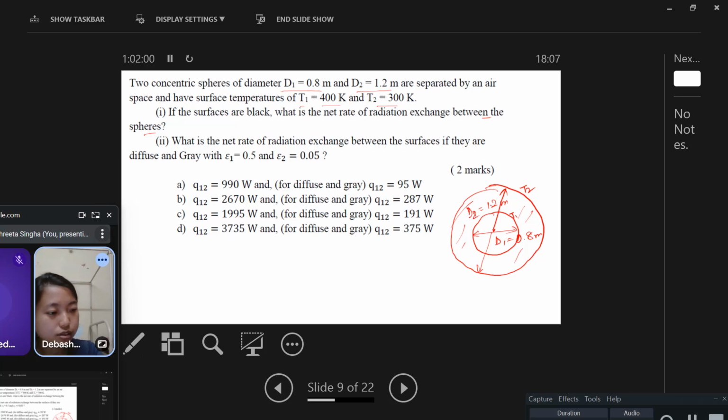So here the net radiation we can calculate the same way. This has almost the same formula as the previous one: 1 minus epsilon 1 divided by A1 epsilon 1, plus 1 by A1 F12, plus 1 minus epsilon 2 divided by A2 epsilon 2.